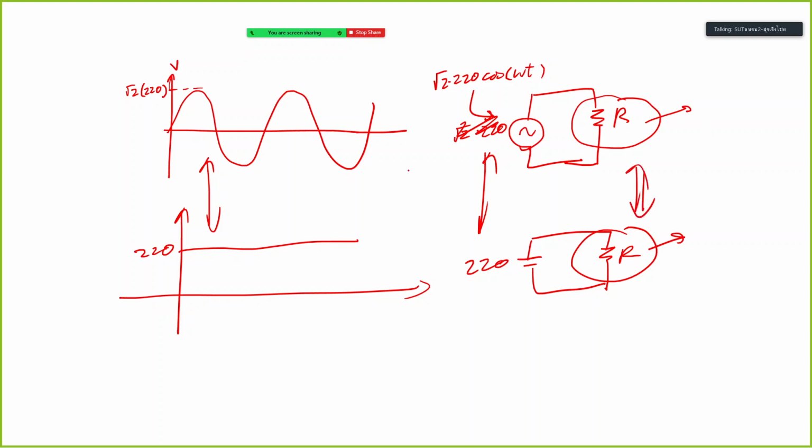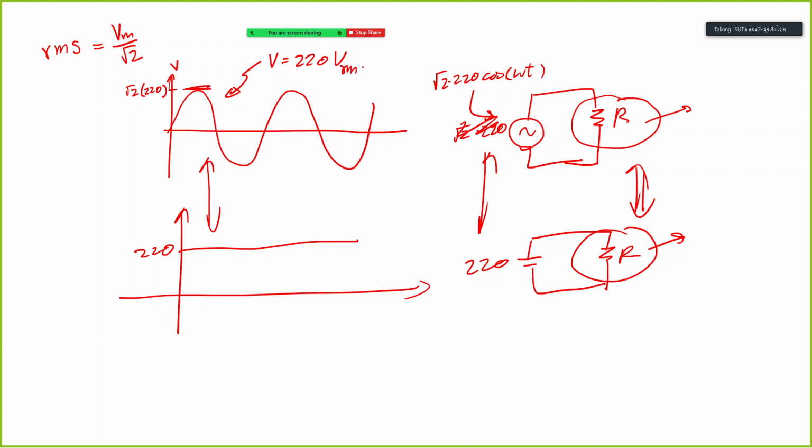So for the sinusoidal function, or sine or cosine wave function, the RMS value is the peak value, the maximum value, divided by square root 2. Okay, and then this AC signal, we call this signal 220 volt.